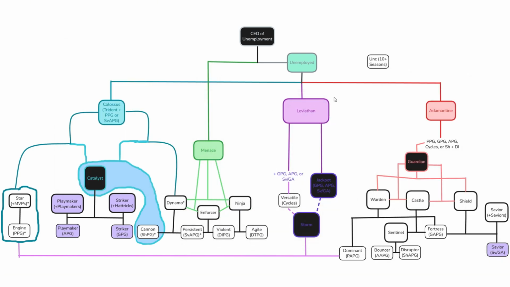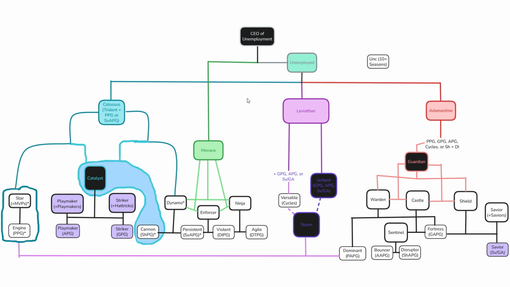And then, so yeah, like I said, these are the big three, and you have to get all three of them, not just a combination of two, to achieve unemployed status. And it's very rare that that happens.